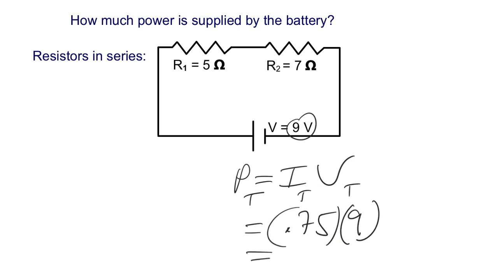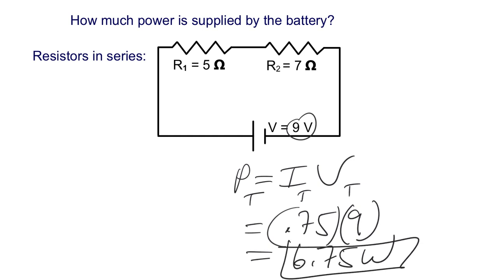So 3/4 times 9 is 6.75 watts. Okay, so that battery is producing 6.75 watts, or 6.75 joules per second, to run this circuit.